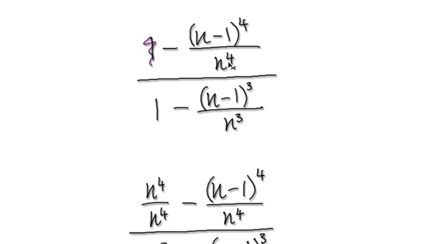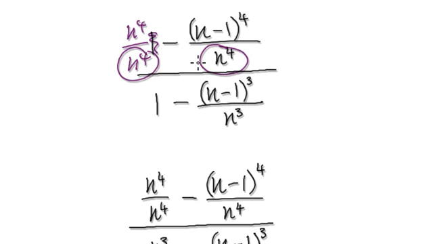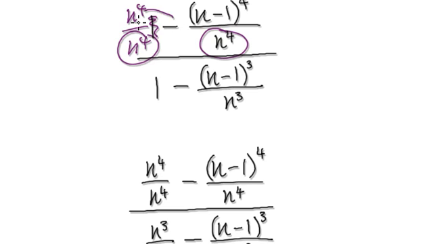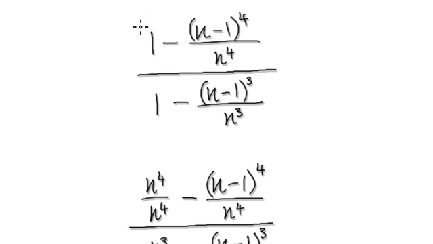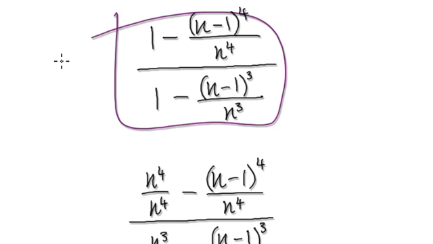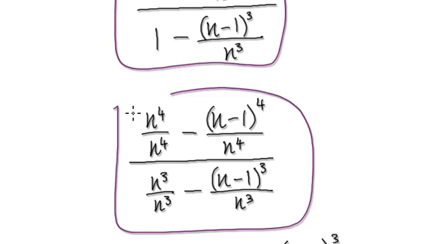So now it's just a matter of tidying up this messy fraction. So imagine this one as n to the power 4 over n to the power 4, and then imagine this one here to be n to the power 3 over n to the power 3. So this whole thing here will then become this.